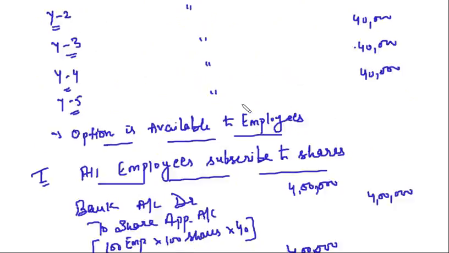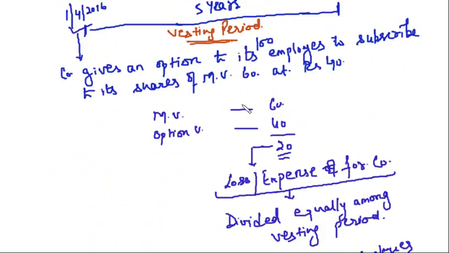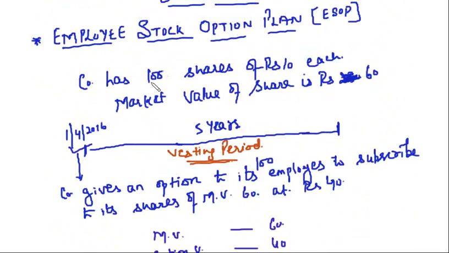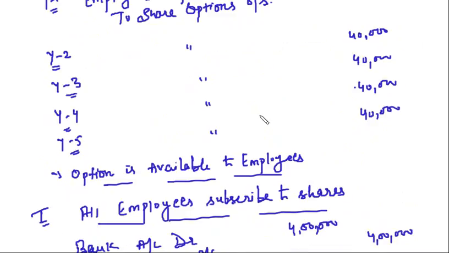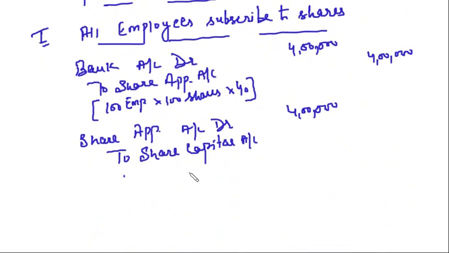This is the question. In the share capital, on 100 shares for 100 employees, you will take only 10 rupees. This is the face value you will take, right? In the share capital, you will take 100 employees multiplied by 100 shares into 10 rupees. This is 1 lakh rupees. That means here you have to take the face value.